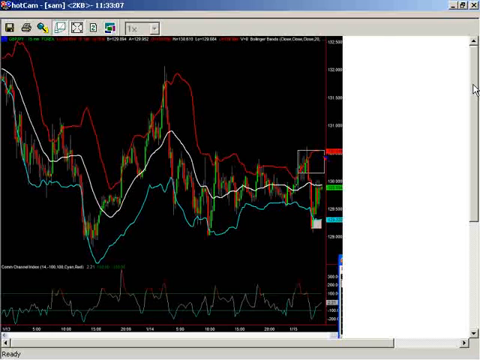Okay, we can keep it real tight and use that, or we can go more conservative and use that wick up there as well. It's kind of a big area, but okay. Notice how I'm putting my lines around the majority of candles, right? See all the candle bodies in this area? Okay.